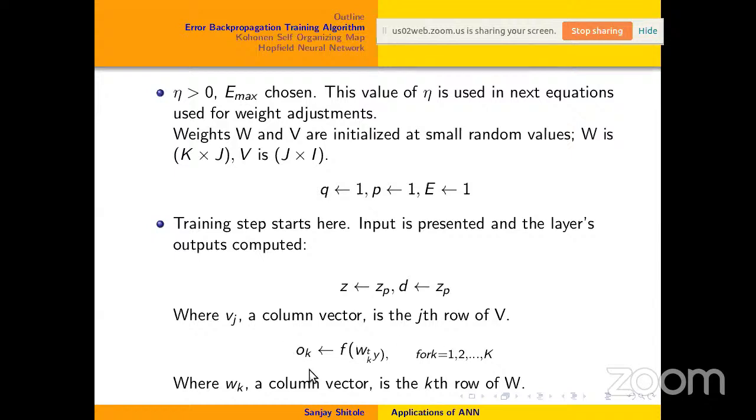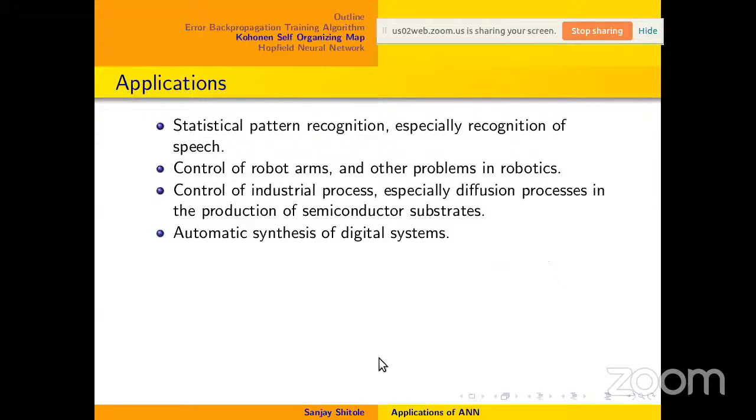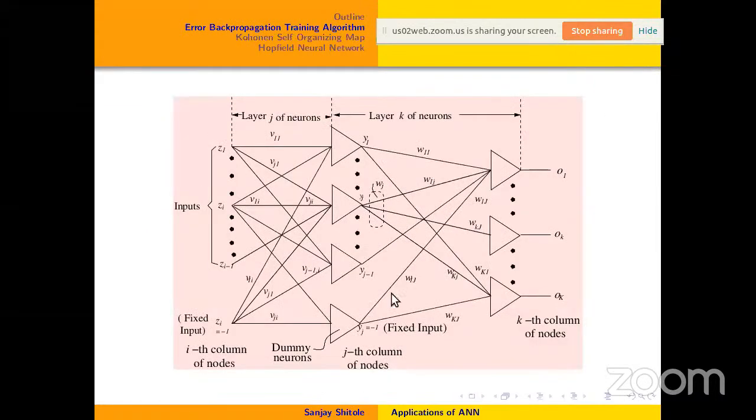Observe this formula: O, the output, equals F, where F is used here for the sigmoidal, of W into Y. Observe this figure once again. Z is at the input.